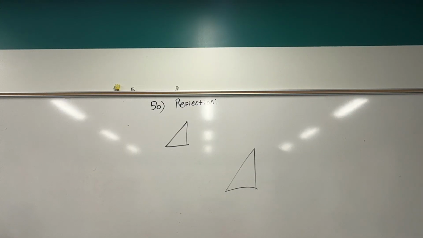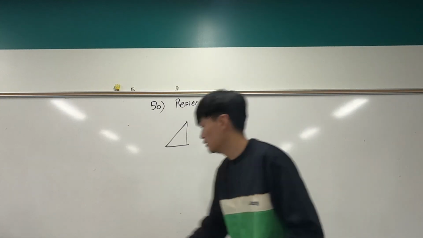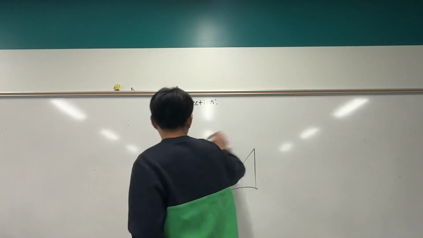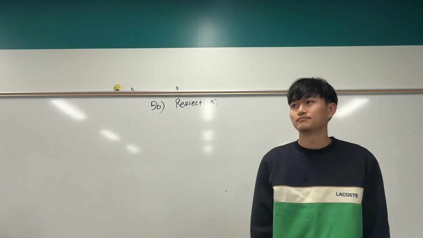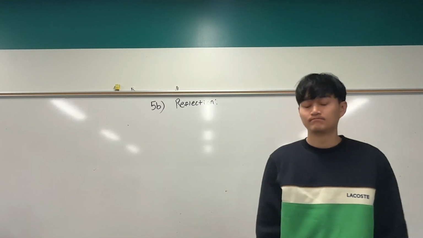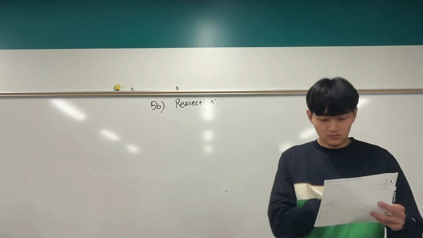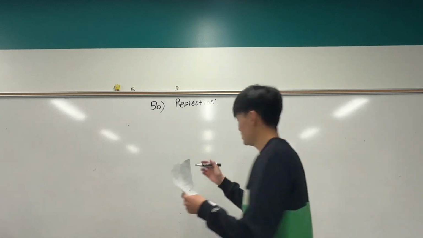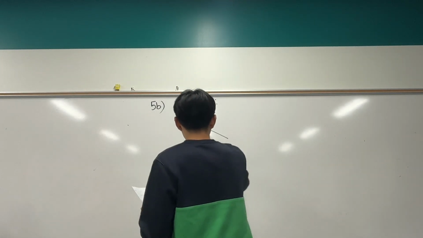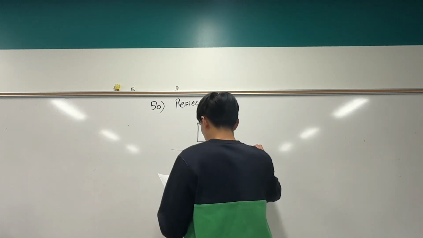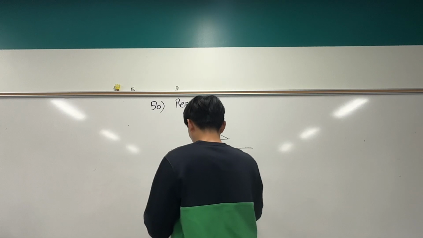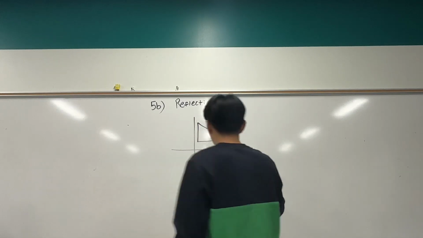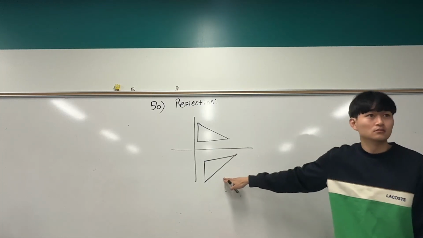Okay? So if I were to draw, I'm not great at drawing, but what's another shape I can draw? So if I had something like this, this is a reflection.